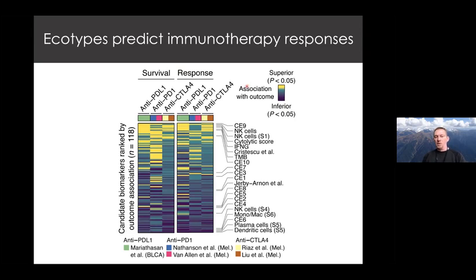There's absolutely no information about immunotherapy response that goes into the whole EcoTyper framework with TCGA, but surprisingly, it comes up with this particular ecotype, or co-occurrence of different cell states, which is very good at predicting response to immune checkpoint blockade. Actually, even better than the signatures which were developed in the papers which published the data themselves. So that was really quite a surprise to find that it worked so well.